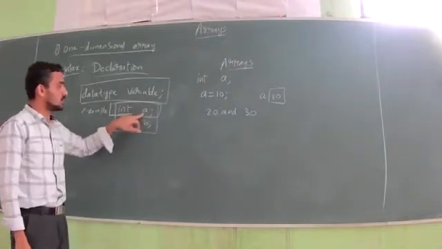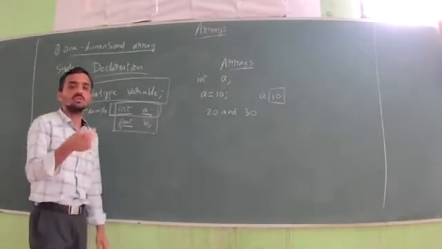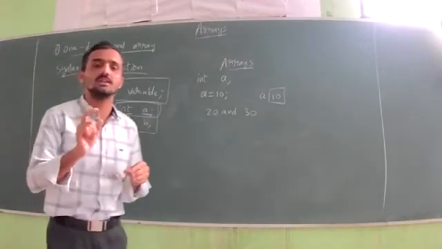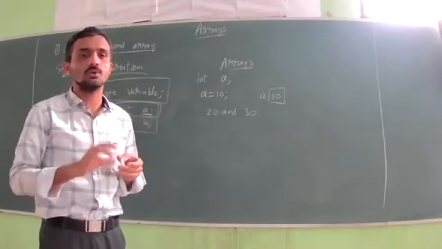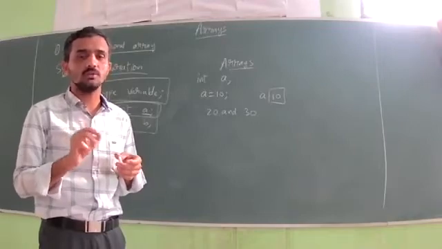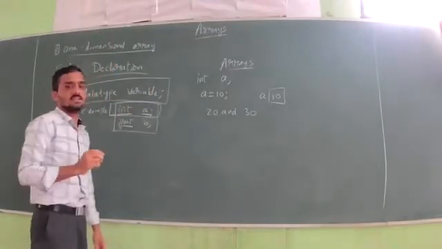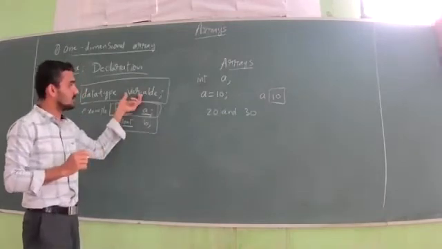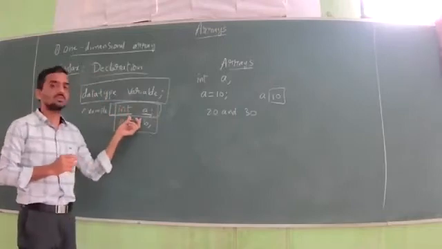So if I want to store more than one value, first you have to mention the size: how many values you are trying to store in this variable. So only the syntax changes. We cannot use this same syntax with arrays, because then you cannot store more values.